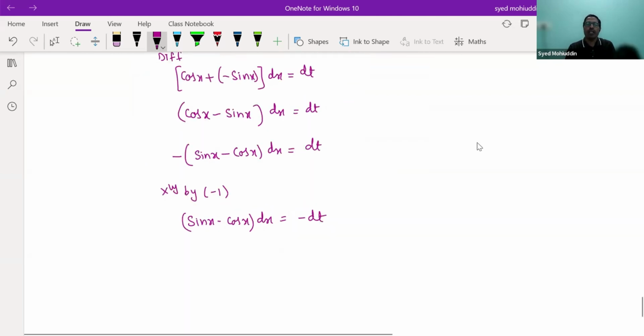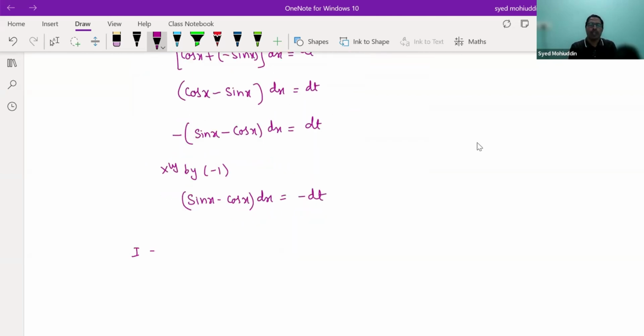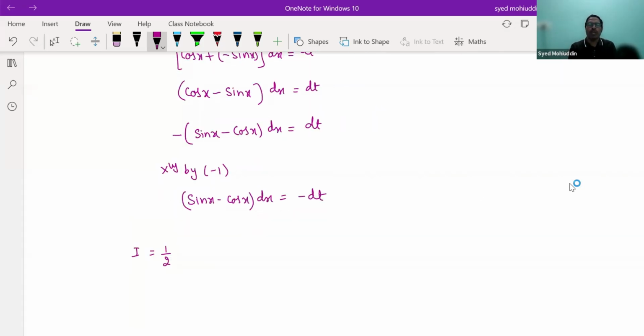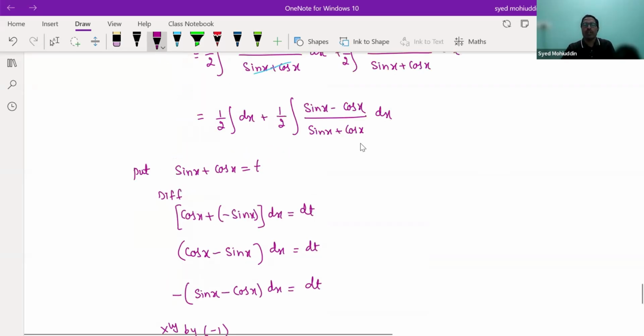Therefore, I is equal to half times integral of dx, and we know the integral of dx will be x only, plus half as it is, integral of the numerator, which has now become minus dt, divided by the denominator t, the value you have taken, sin x plus cos x as t.